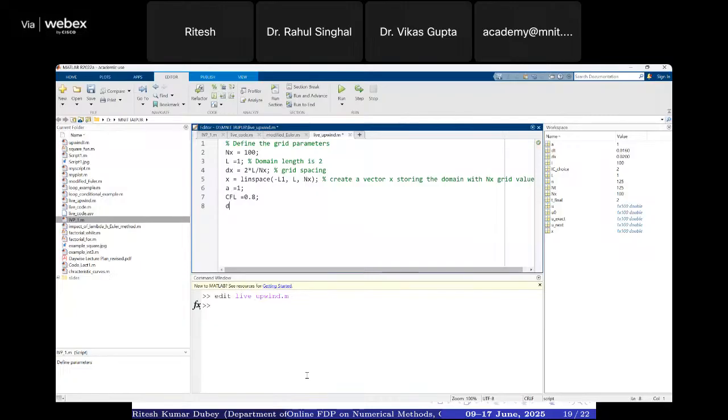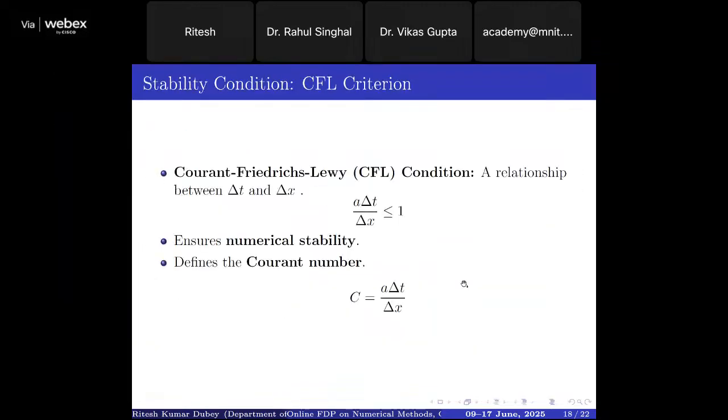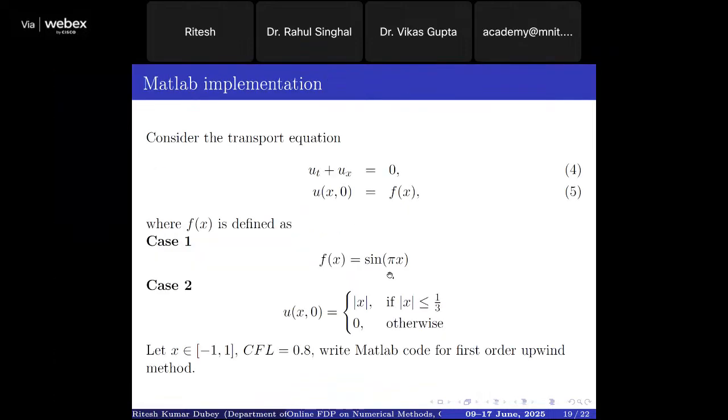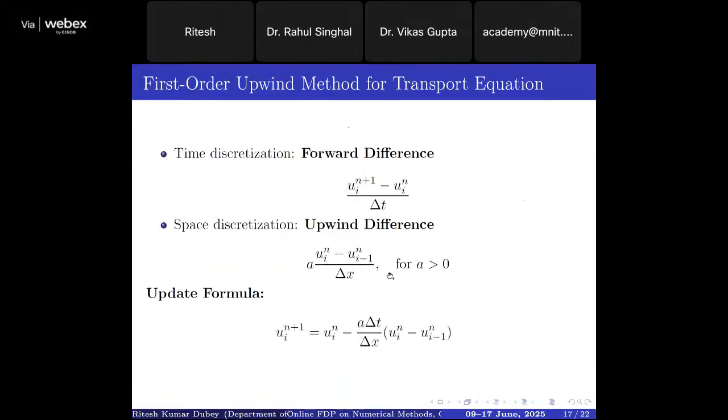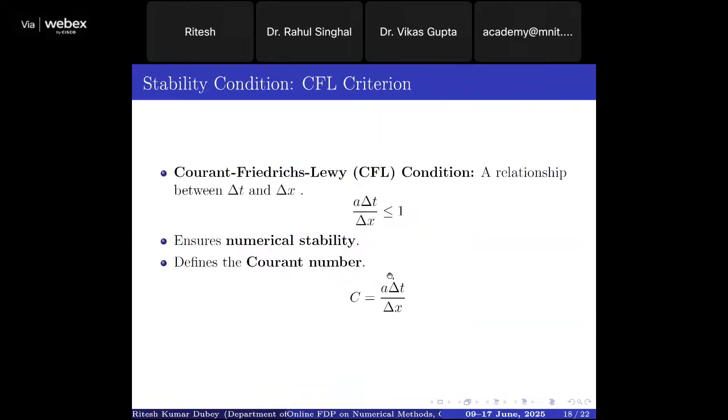And I can then define dt equal to CFL times dx. So this is the way we can control the stability condition here.